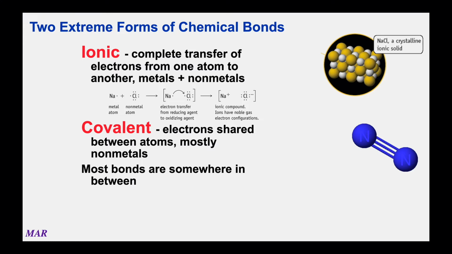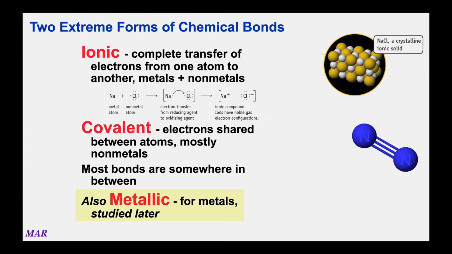In reality, most bonds are somewhere between ionic and covalent, but in general we can think about them as one or the other. In addition to ionic and covalent, there is also a type of bonding we haven't talked about yet, called metallic. It's only for pure metals, and we'll talk about metallic bonding more in a future section.